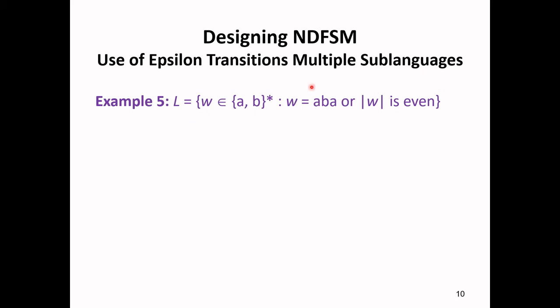So in this language we have two sub-languages. First language is string having ABA or second language is string length is even. If such type of languages are given, then how to design the NDFSM using epsilon transition? So let us start designing it.